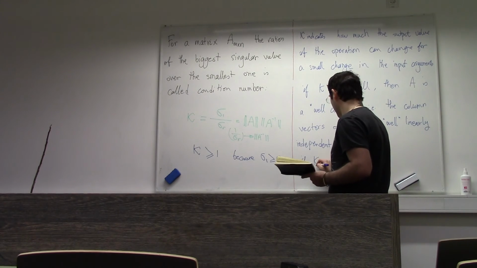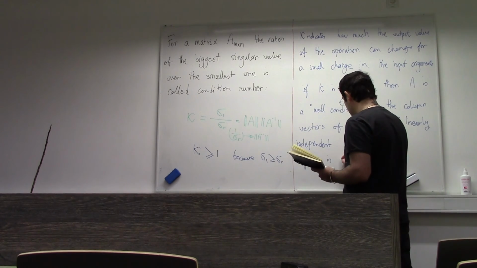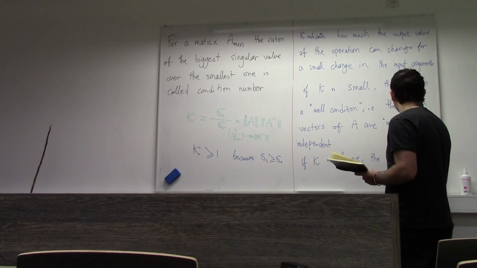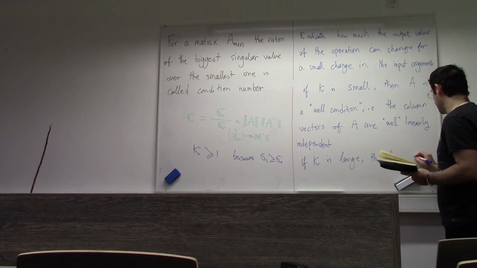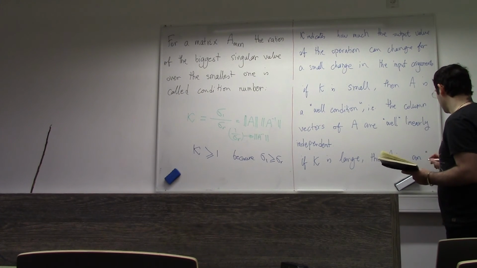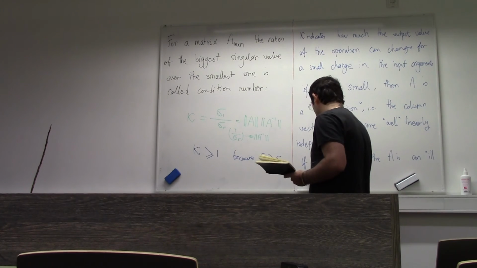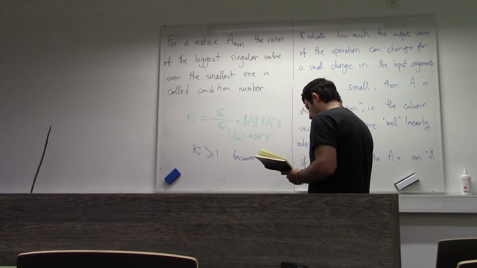If kappa is large, then A is ill conditioned.